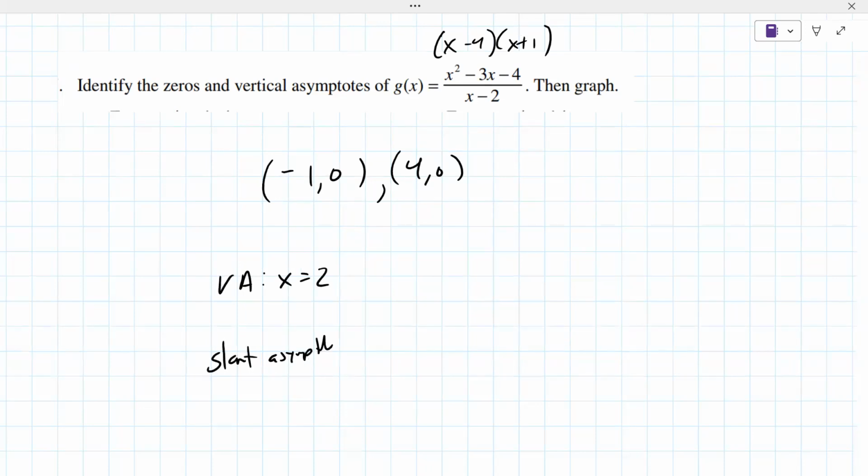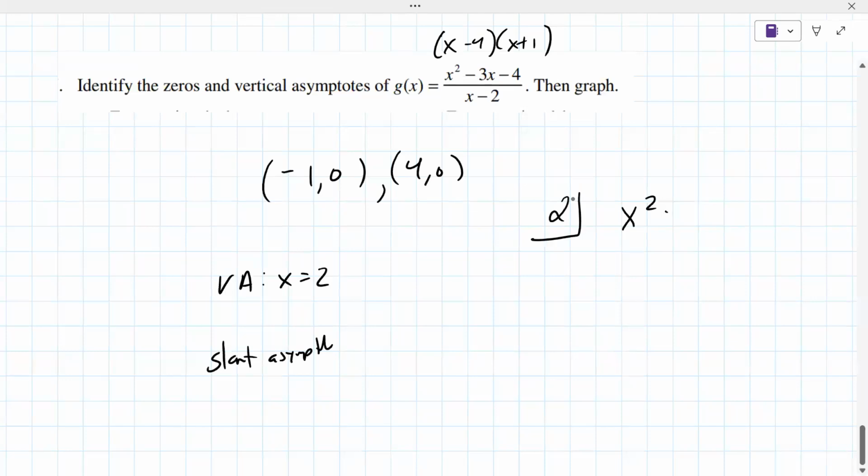Did we cover the slant asymptote? Maybe we should probably review how to find the slant asymptote.